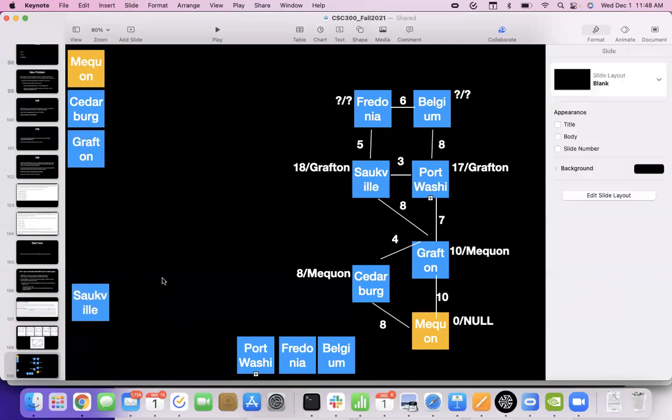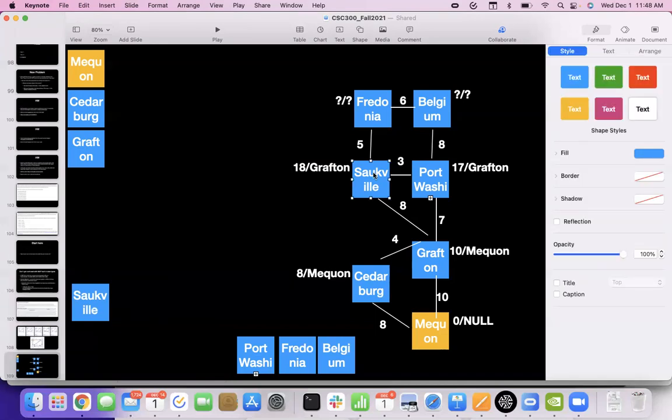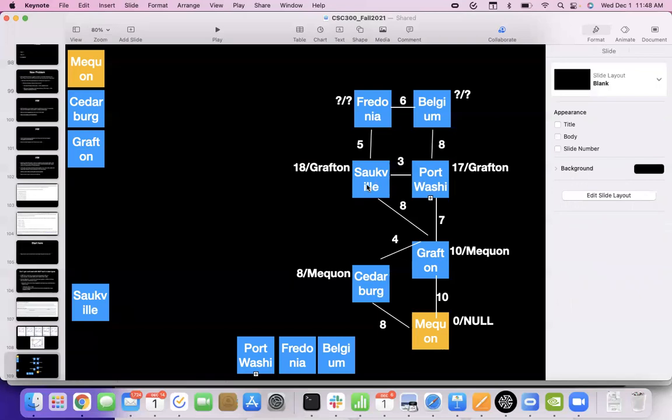Go to Saukville. From Saukville's perspective, we have 3 roads. So this one is 18 plus 8, which is 26. Is 26 less than 10? It's not. So we make no change there. We have 18 plus 3, which is 21. Is 21 less than 17? It's not. So no change there.